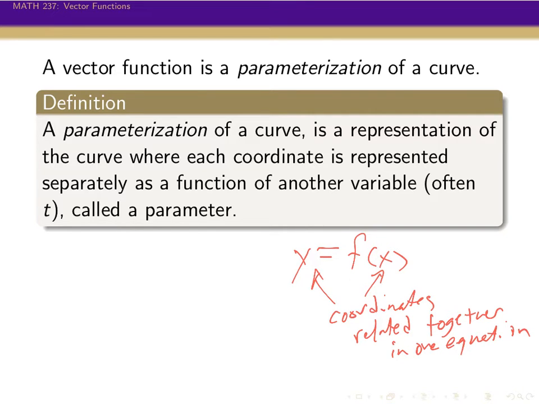What a parameterization is going to do is break these apart. So for a parameterization, we're going to be thinking about things separately: we have some function x of t, which is only a function of t, and y of t, and we're treating the two coordinates separately.